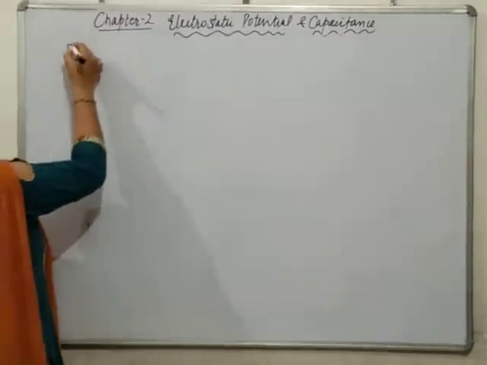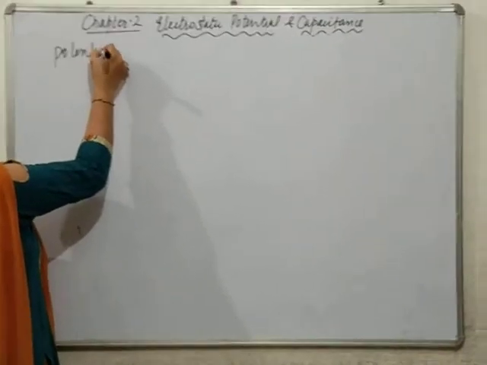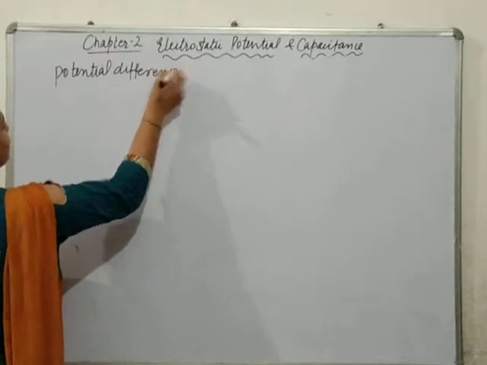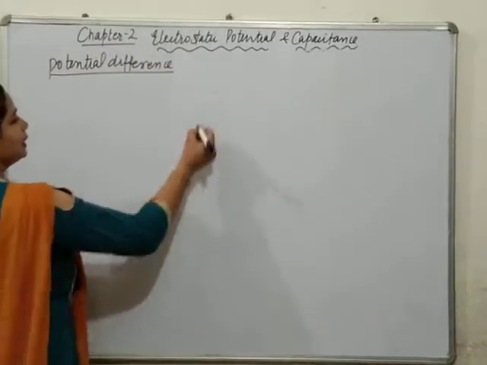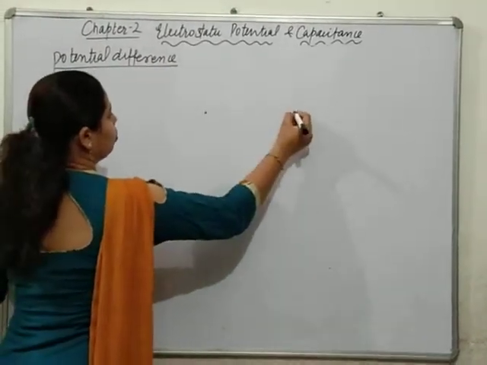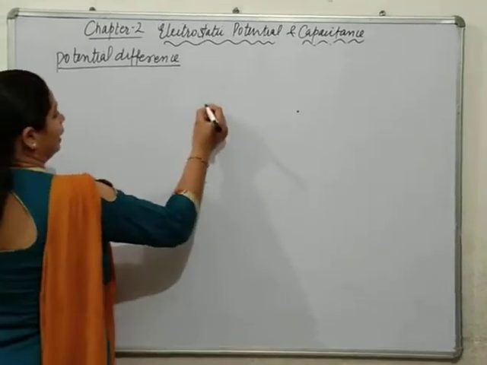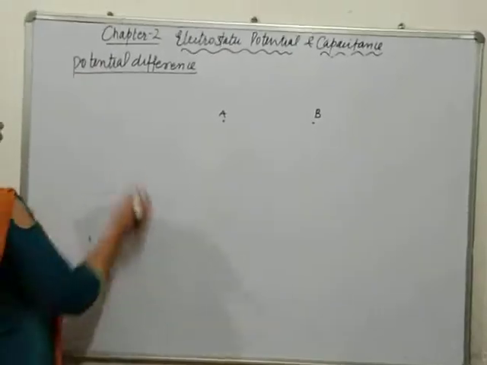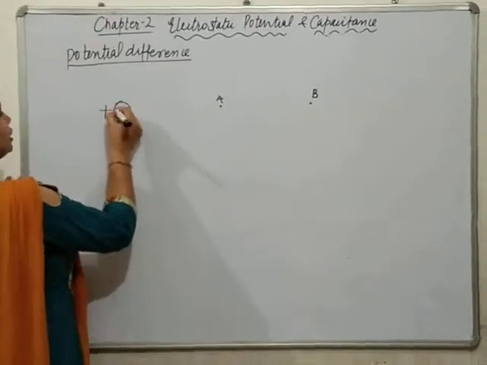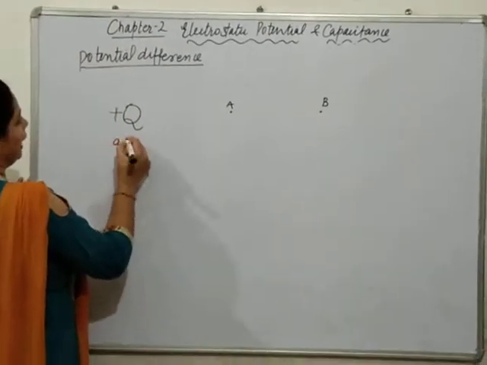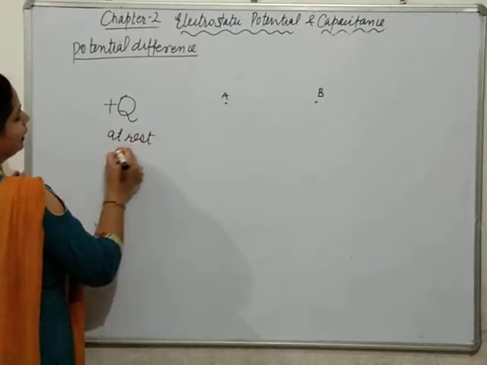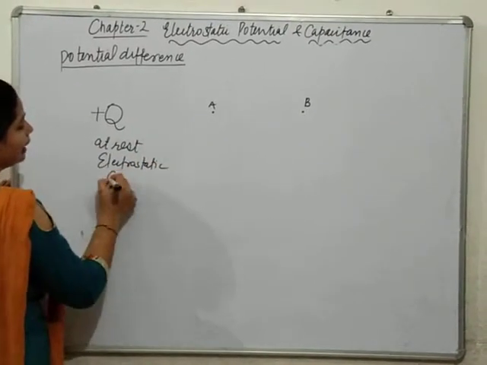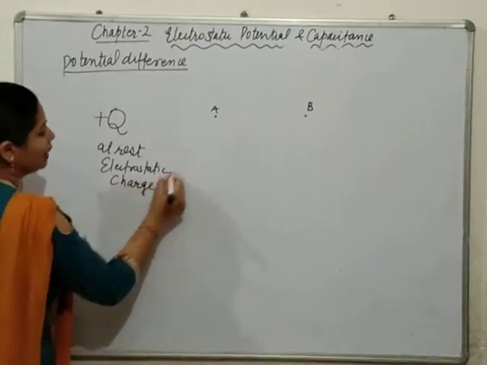Now, starting with the term potential difference, so as to make the concept clear, let us consider there are 2 points. Positive charge plus Q, that is at rest, that is the electrostatic charge, the charge to be studied.